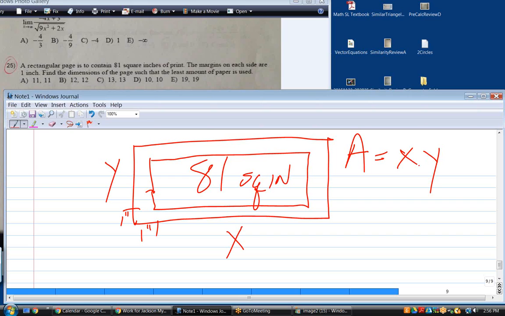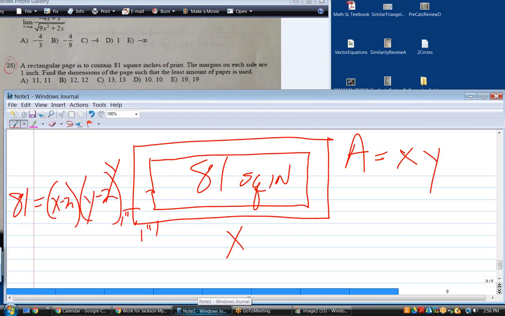Well, what's another equation that I can use? What's 81 equal to? Would it be x minus 2 times, would it be y minus 2 as well?